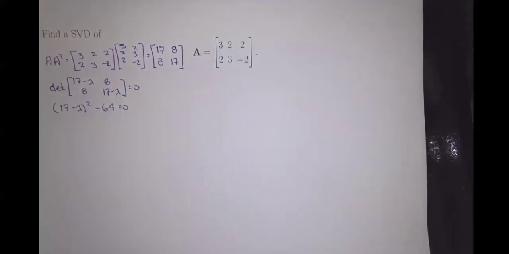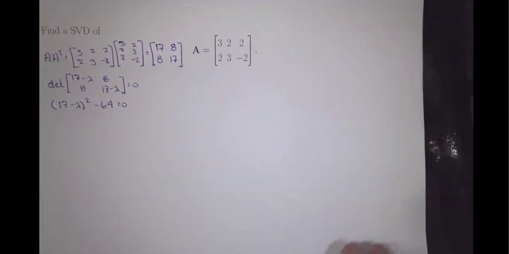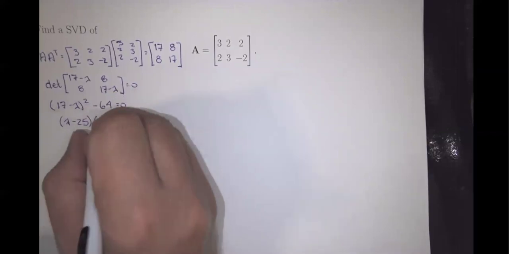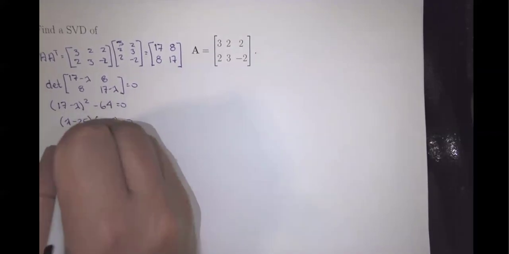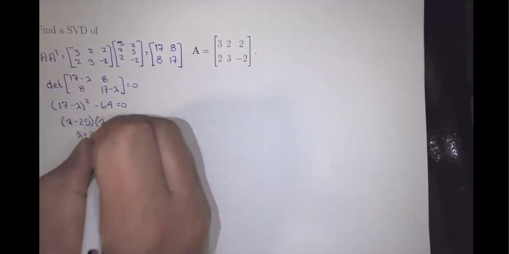And we multiply that out, collect like terms, and factor away. And we end up with lambda minus 25 and lambda minus 9 equals 0, which means lambda is going to be 25 or 9.